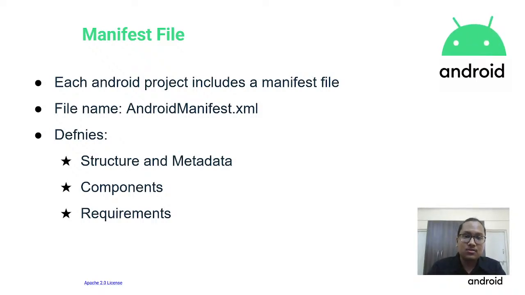It carries all the metadata and structural data for your application. It is one of the first files read by an Android device. The Android manifest file has an XML extension.